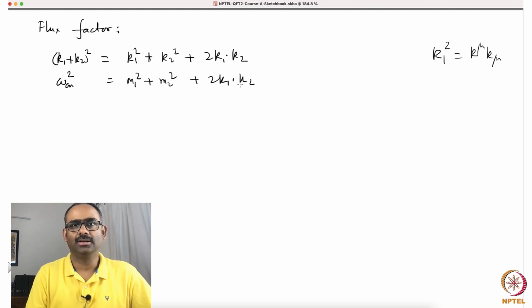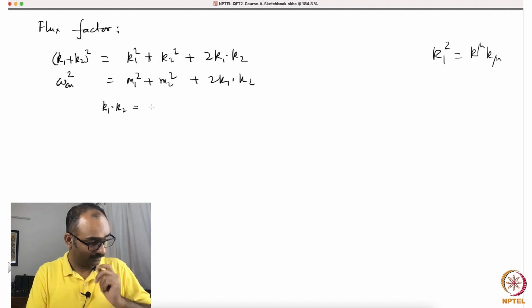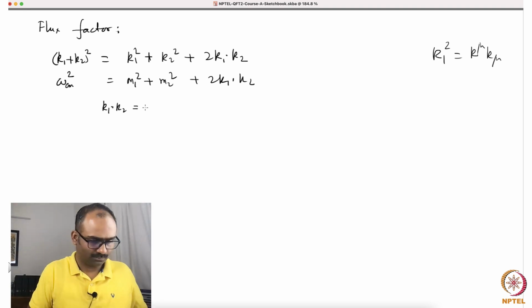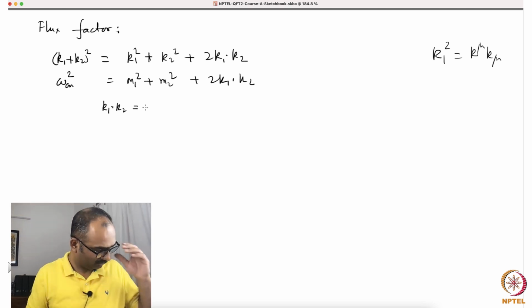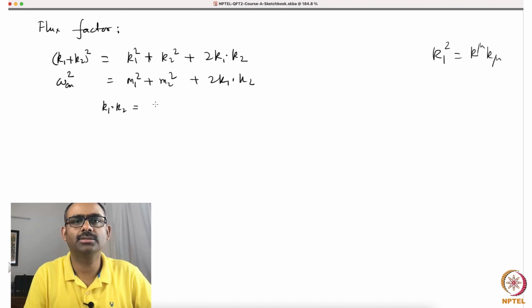So what is k1 dot k2? k1 dot k2 is 1 over 2 omega cm square.